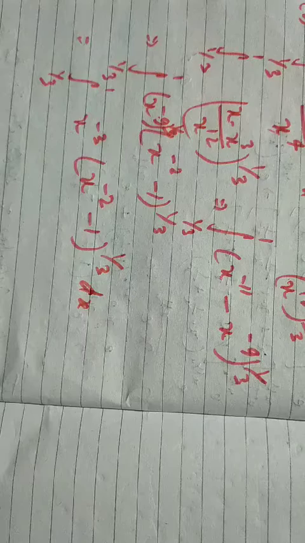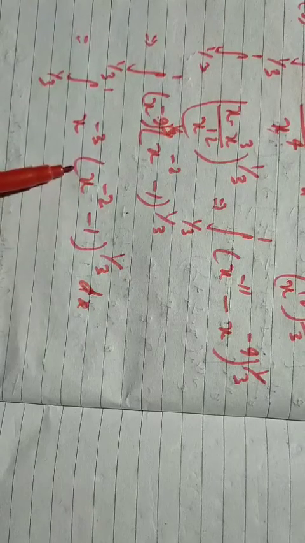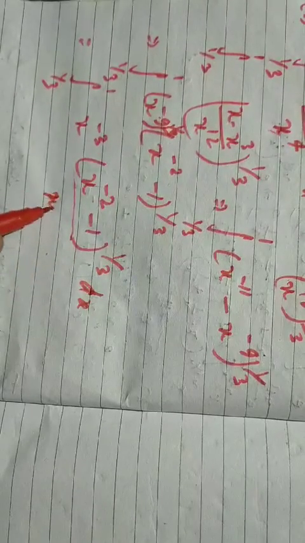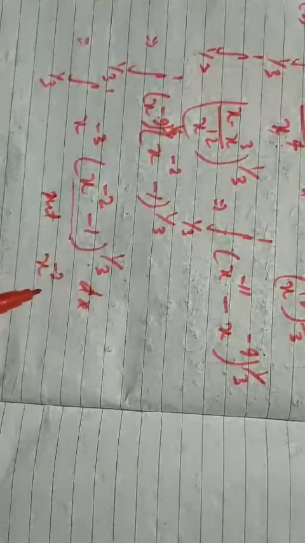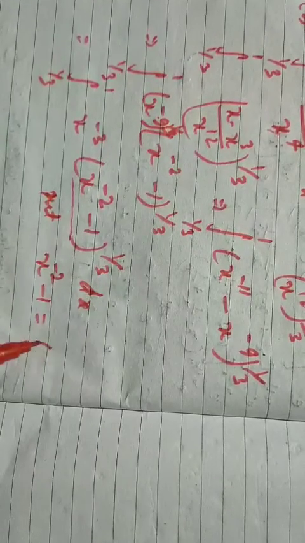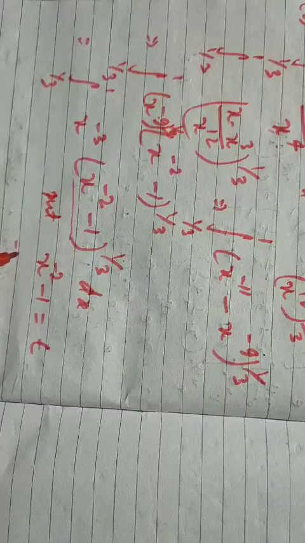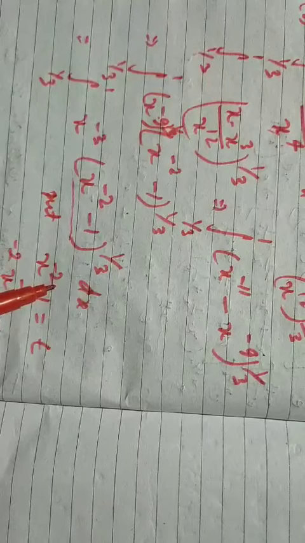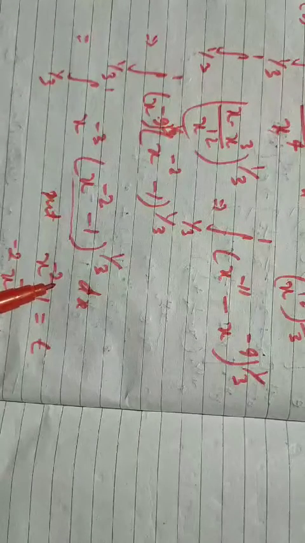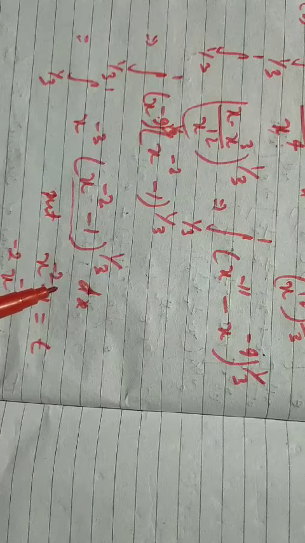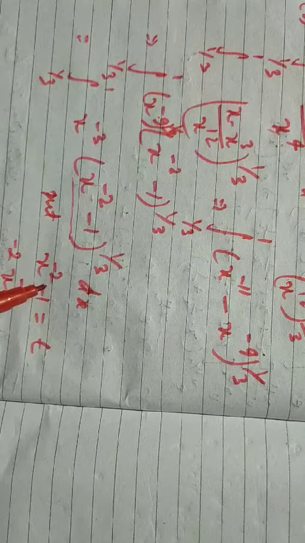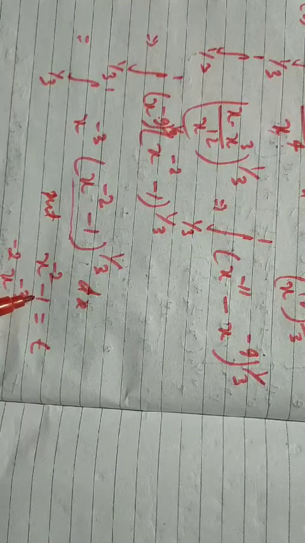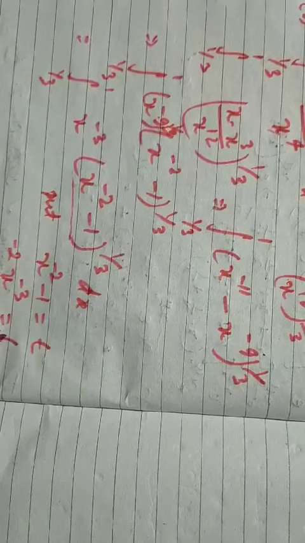Now come to the substitution. If we substitute this as t, put x to the power minus 2 minus 1 equal to t. Therefore this is minus 2 x to the power minus 3, because in differentiation we reduce the power, so minus 2 minus 1 is minus 3, and the differentiation of minus 1 is 0, so dx equal to dt.